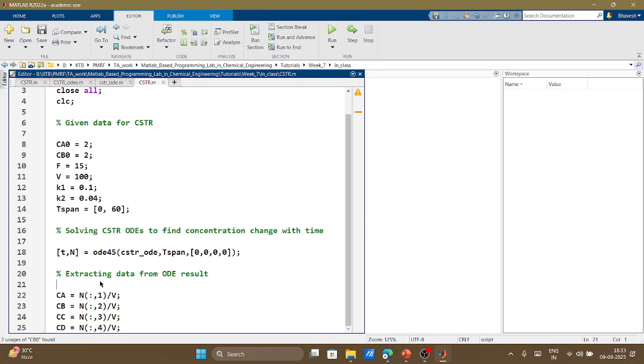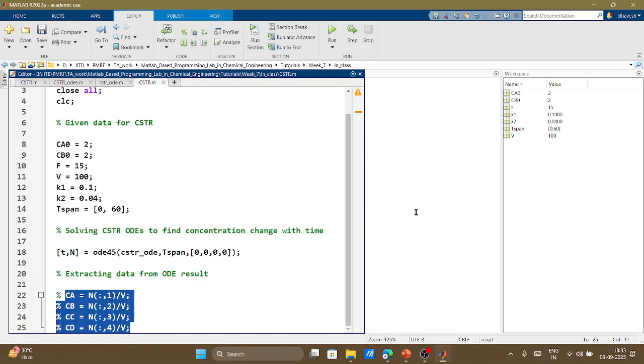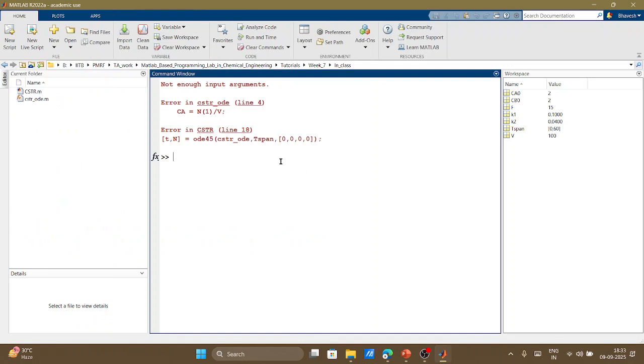So this information we will extract out. Now how do I know this? Let's say I don't know what my CA, CB will look like. So let me comment this and just run this part to see up to what point my code is correct or working, right? So I did this, I am getting some error, which is ODE-45 CSTR ODE span.